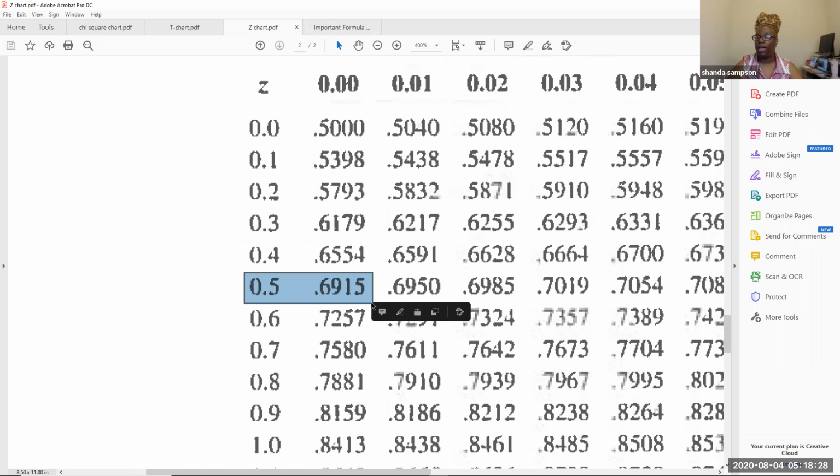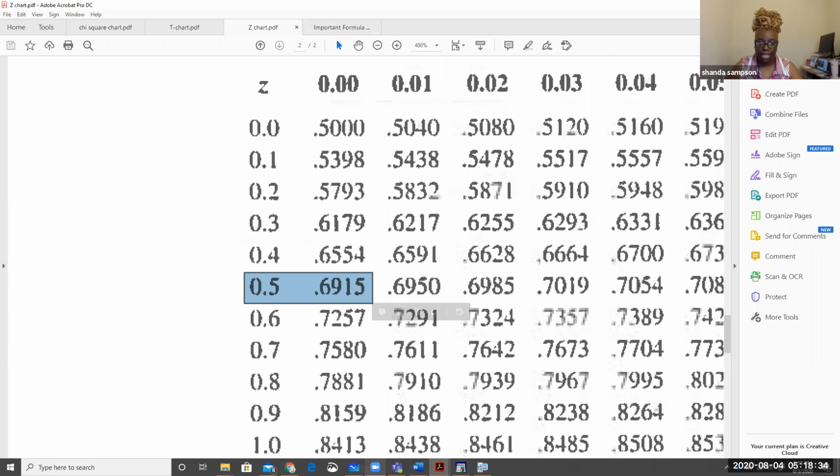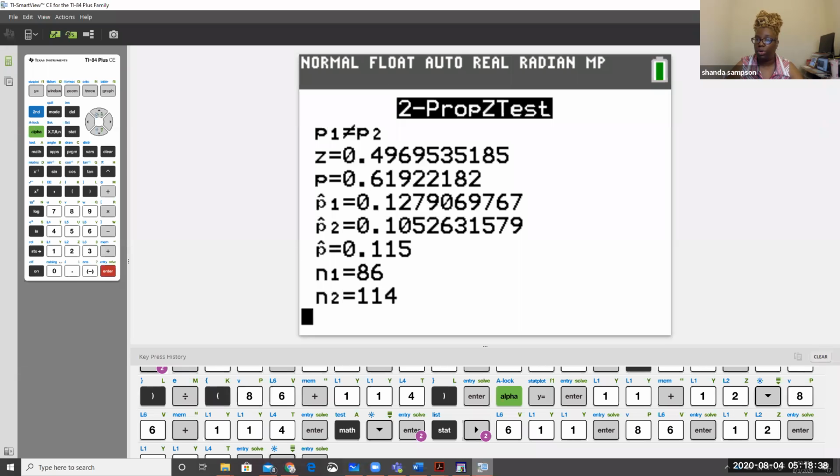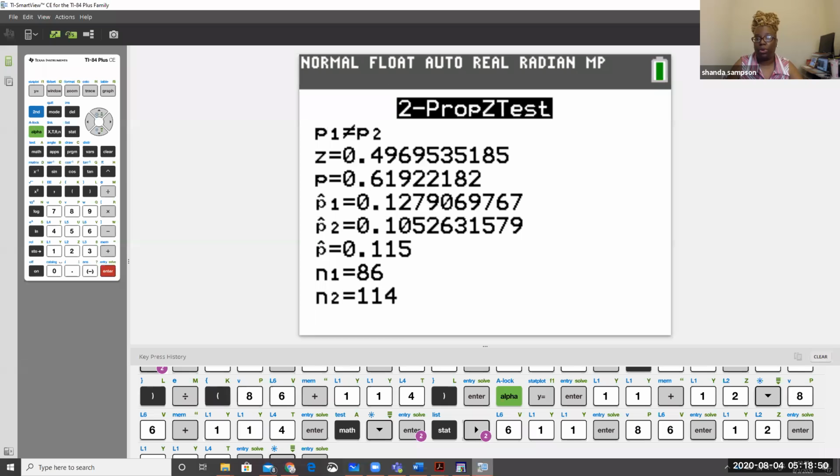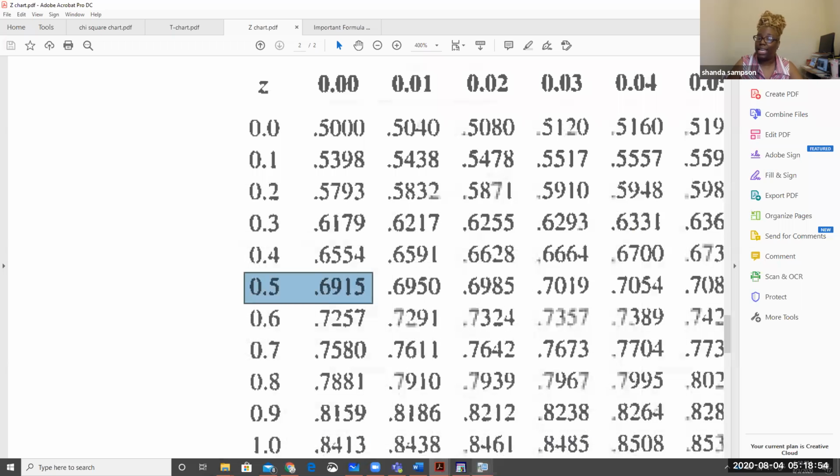Right, here's 0.50. That's 0.6915. Let's look at the calculator, just so I can drive this home. And the calculator is 0.6192. So depending on your instructor, maybe your instructor doesn't care, but as far as I'm concerned, my students who gave me 0.6915 would get marked correct, and my students that gave me 0.6192 would get it marked incorrect because I'm asking them to use the chart.